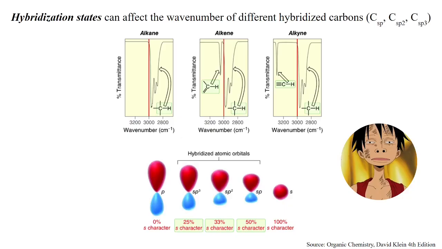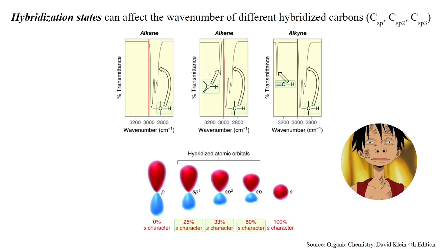As a result of this, the bond will be much shorter than an sp2 carbon or an sp3 carbon, and it will be the strongest. And since you have a strong bond, it will vibrate at a higher frequency, and it will have a larger wave number. So you can see it in the top image.